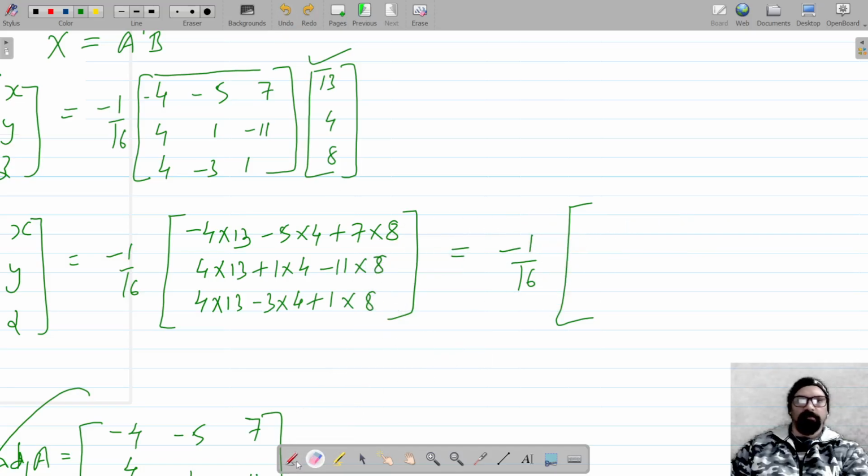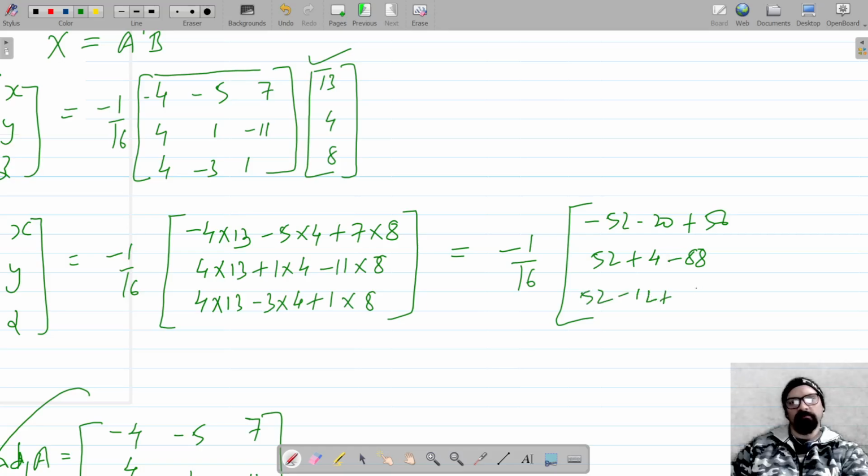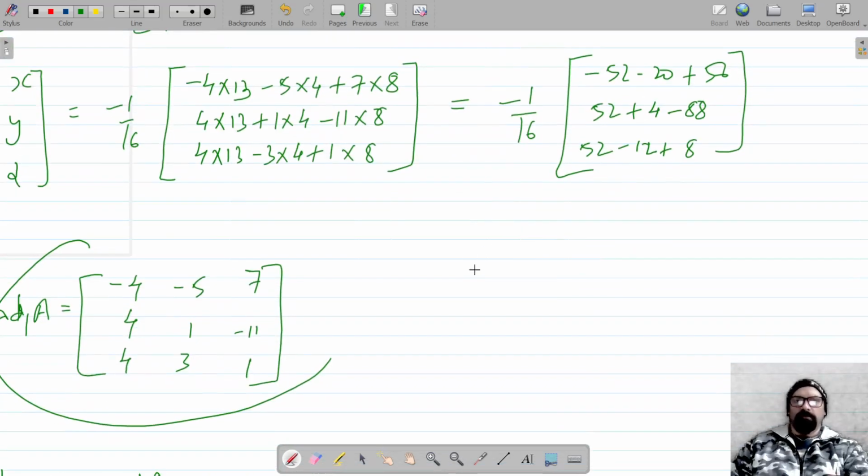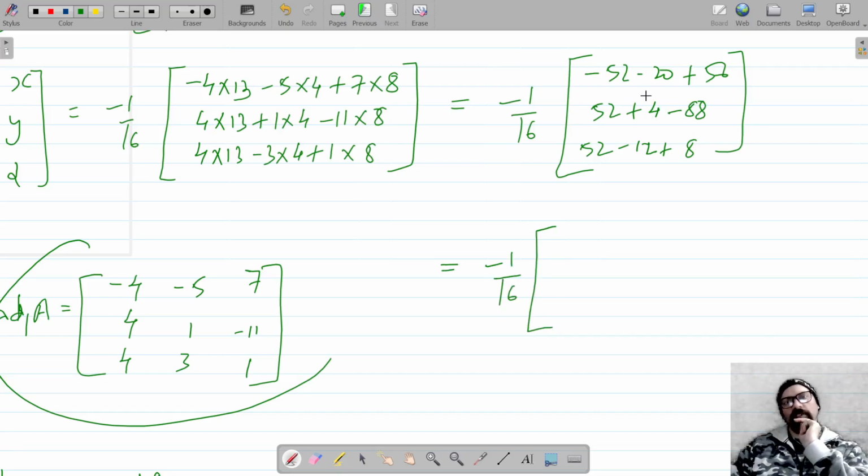13 fours are 52, 4 threes are 12, negative 52, negative 20 plus 8 7s are 56. This is 52 plus 4 minus 88. This is 52 minus 12 plus 8. Okay, now this is equal to negative 1 by 16 and minus 52 minus 20 is minus 72.